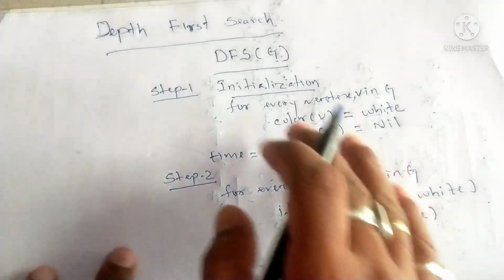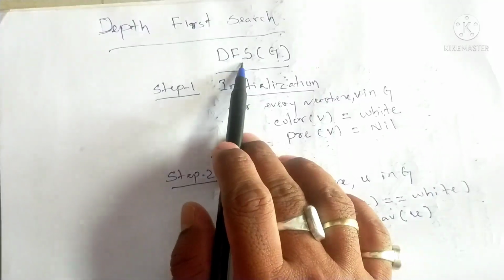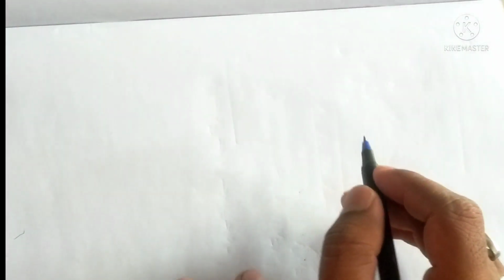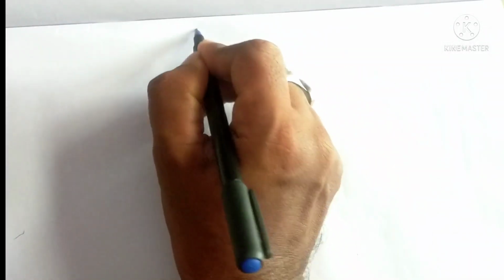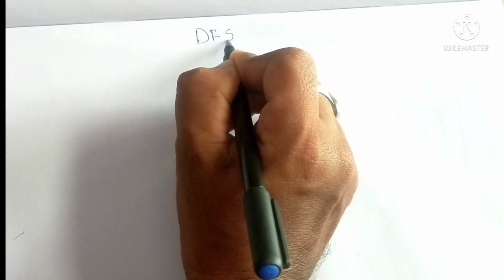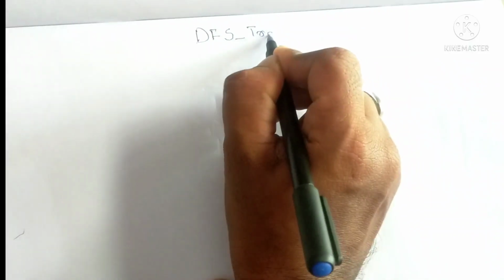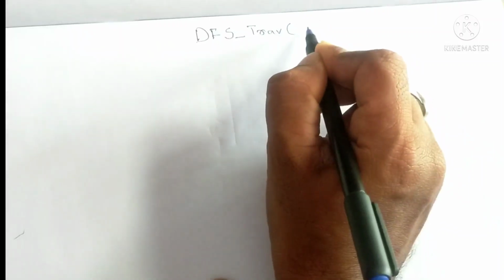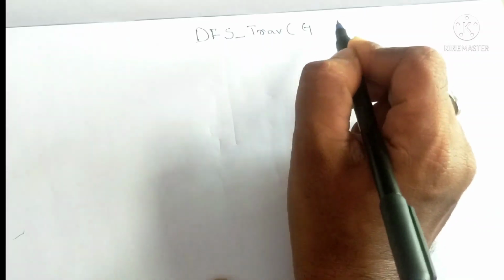Now, this is the DFS approach. In the DFS algorithm, now we'll go for the next step, called DFS Traversal. This is the process called by your DFS algorithm. What does the DFS Traversal do?